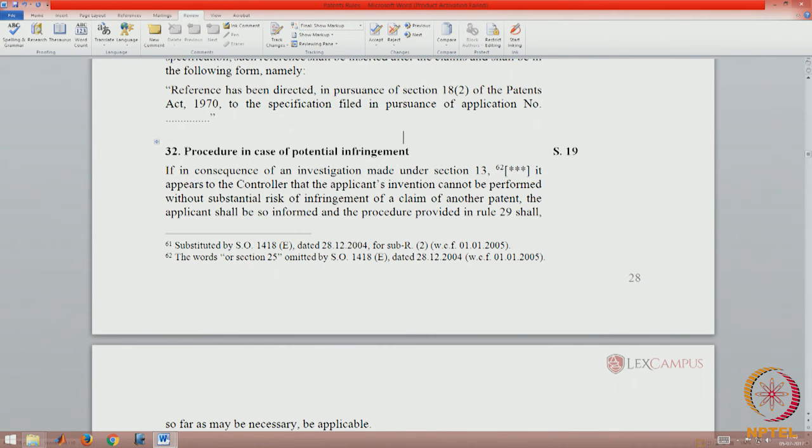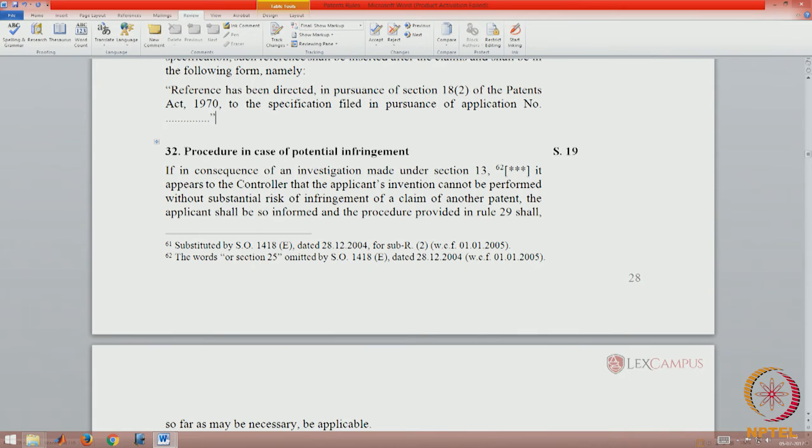We had seen that in cases of potential infringement, the controller has certain powers, and this is the only provision under the Patents Act where the controller can do certain things with regard to infringement. The controller is not the authority to determine infringement.